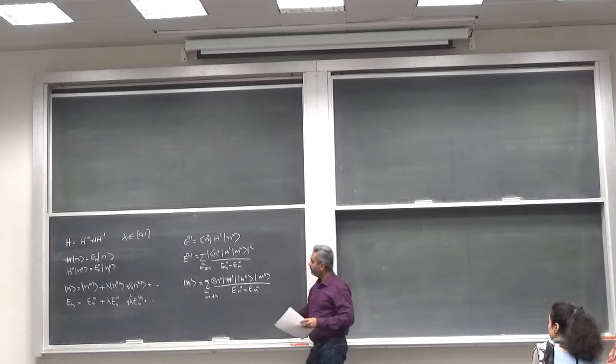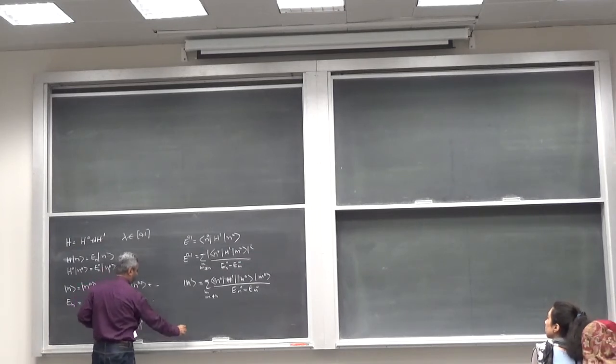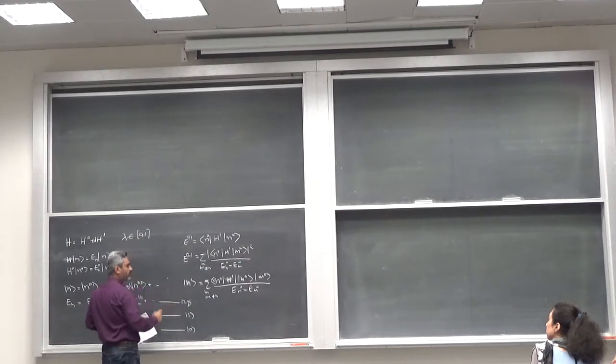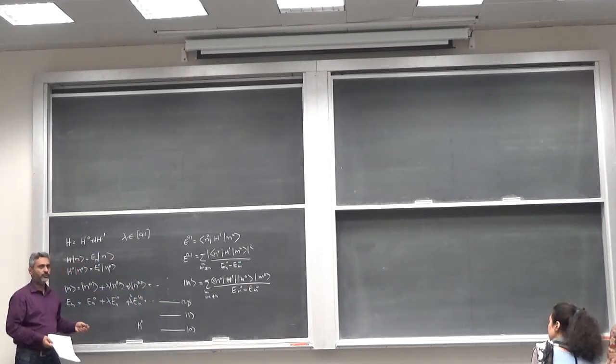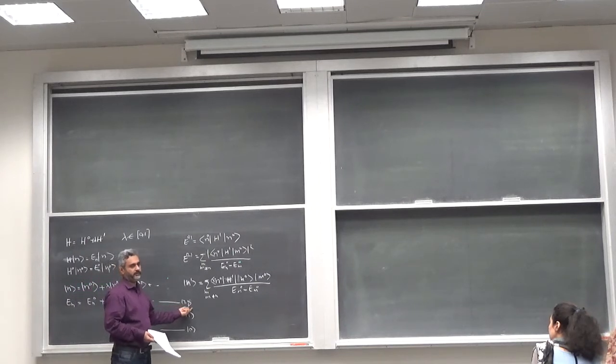Now, here we assume that the spectrum of H naught, which is let's say 0, 1, 2, and so on and so forth, is non-degenerate. So for each eigenvalue, there is just one eigenstate.